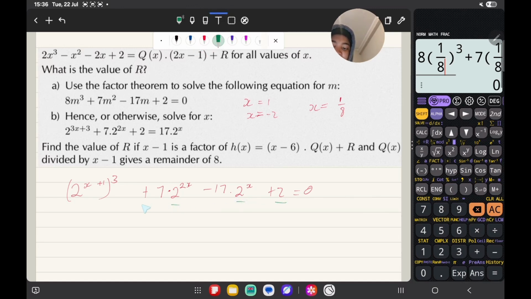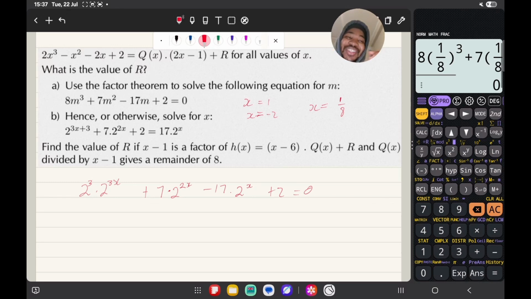All these numbers have 2, right? I could write it as 2 to the power of 3x, and then 2 to the power of x. This one was a no-brainer, bro.